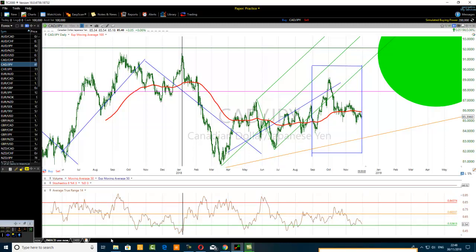What we are trying to do is find a high probability setup and be ready to buy or sell when the ATR is oversold. Did you get that? We are looking for a high probability trading setup to buy or sell when the ATR, the average true range, is oversold. Why?